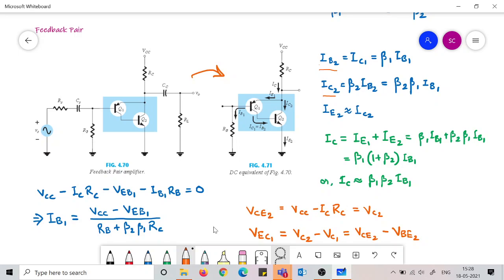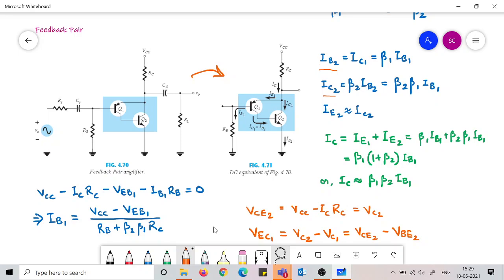Again we employ the approximation and neglect this term because it is much smaller than this one, and IC becomes simply beta 1 beta 2 IB1. Now IB1 is something we need to find out. All the other currents we have found in terms of IB1, but IB1 we have to find out.